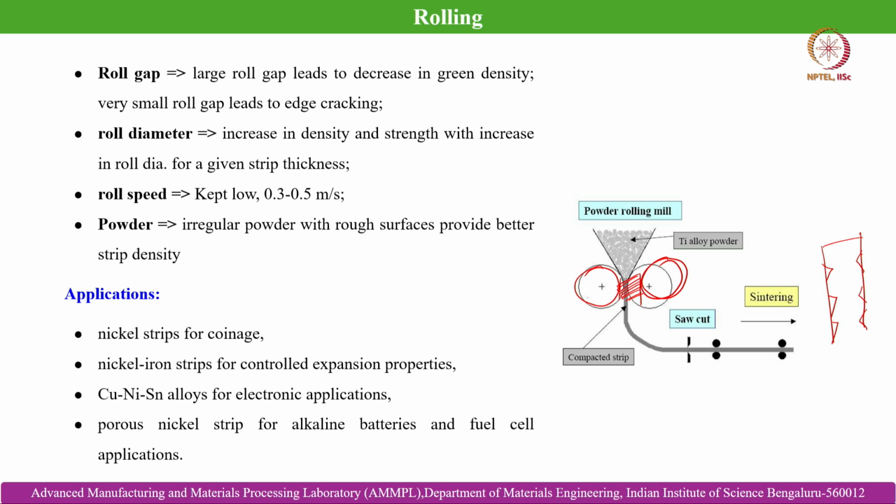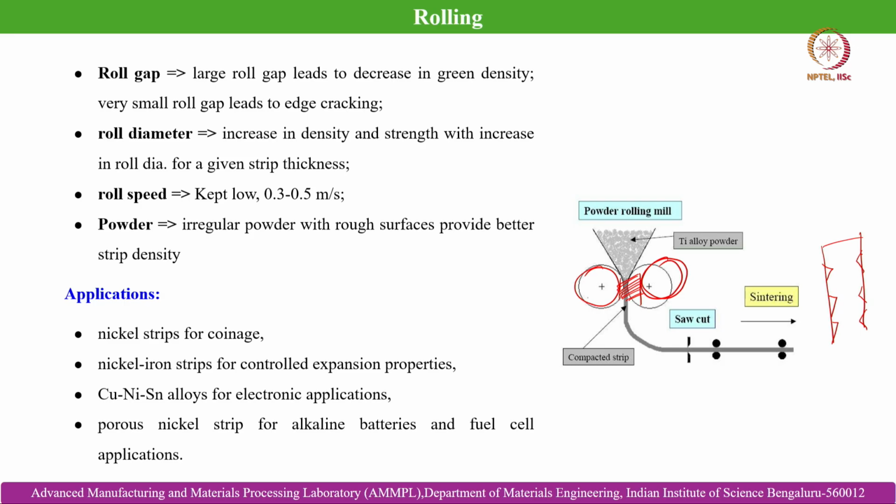Then roll diameter. As the roll diameter increases, an increase in density can be achieved, and the strength can also be increased simultaneously, because of the higher surface area of the pressurizing media. With larger rolls we can achieve higher densification at the green state, and that is why enhanced density and strength can be achieved in the green strip.